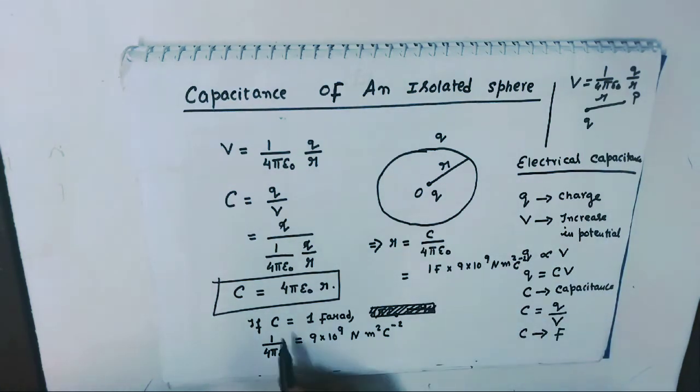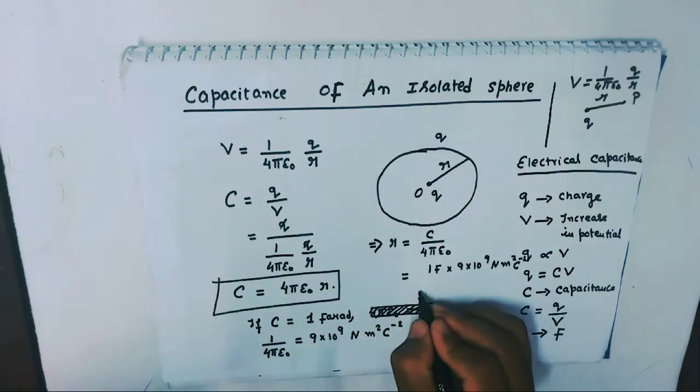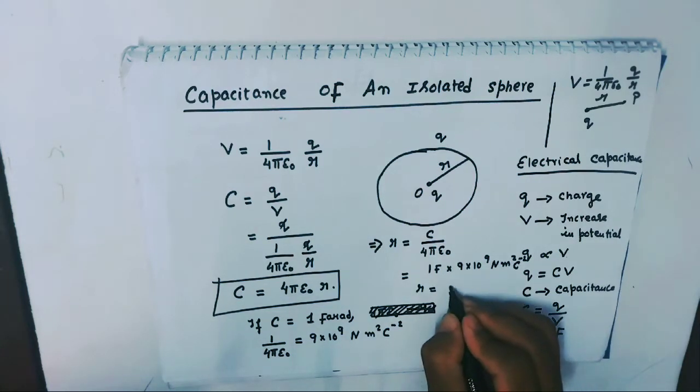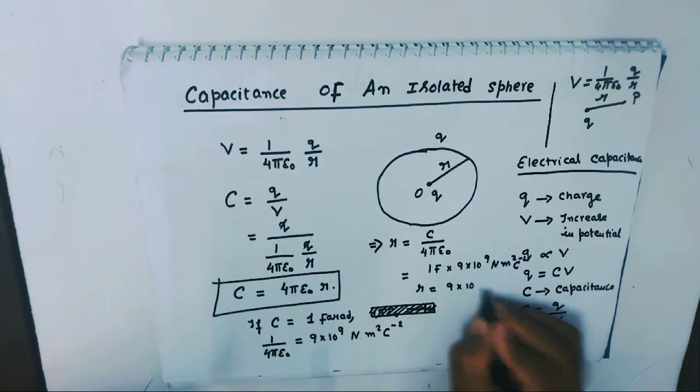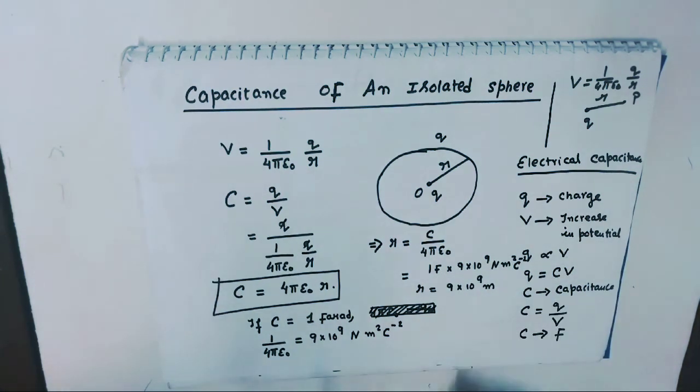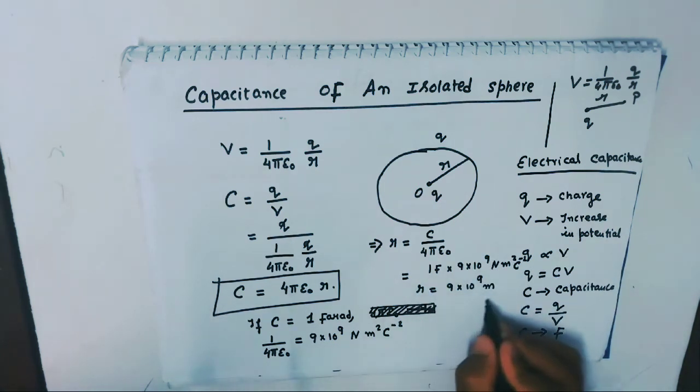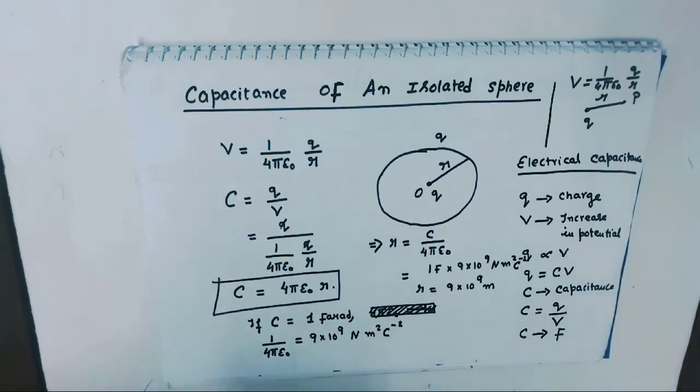Since this C is in SI unit, and this 1 by 4 pi epsilon naught is also in SI unit, R is equal 9 into 10 to the power 9 meter. From here we can see that this R is very, very large.